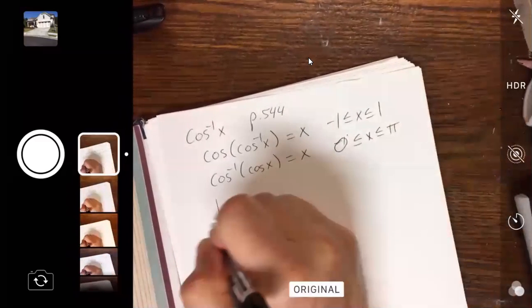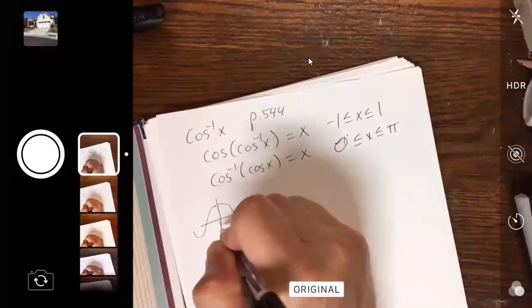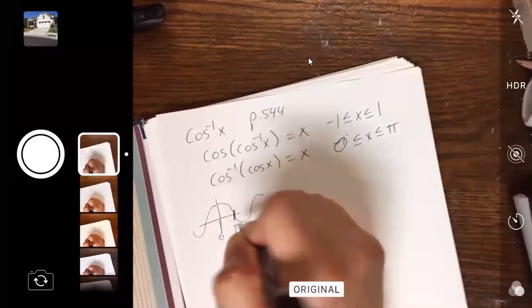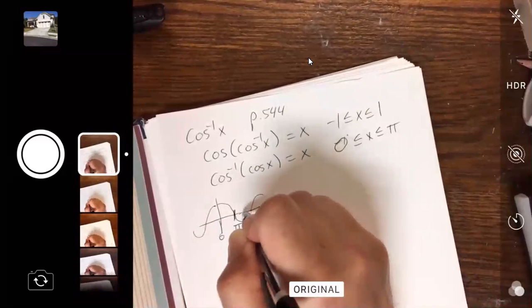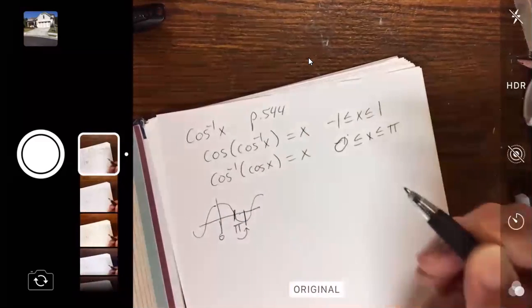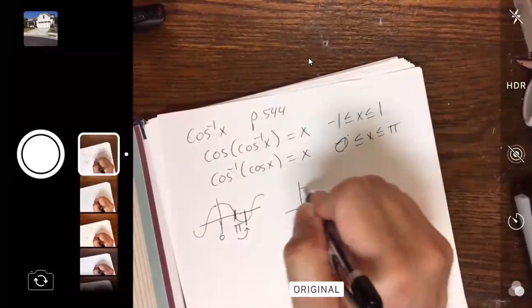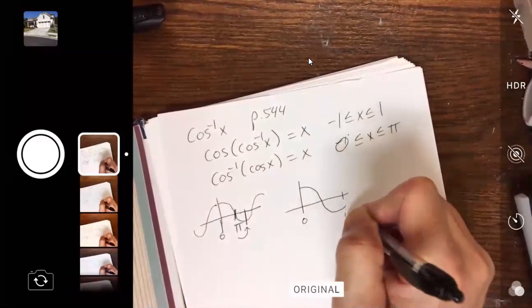And that is because cosine is doing this, and they cut it from 0 to pi. I'm sorry, that's not pi. It's pi down here, my fault. So they're doing this, 0 to pi.